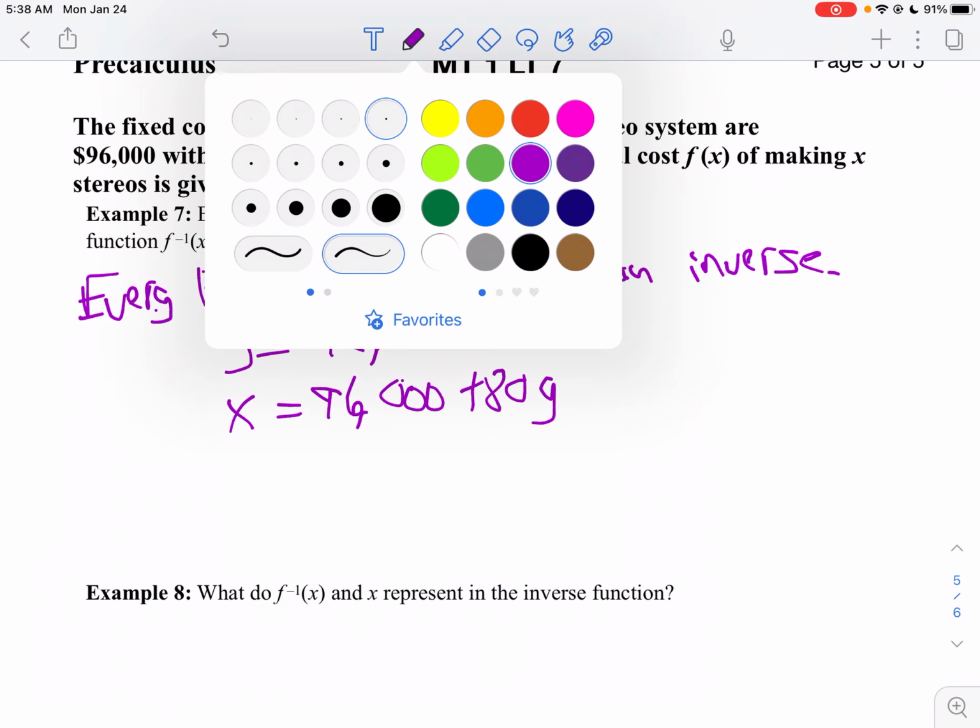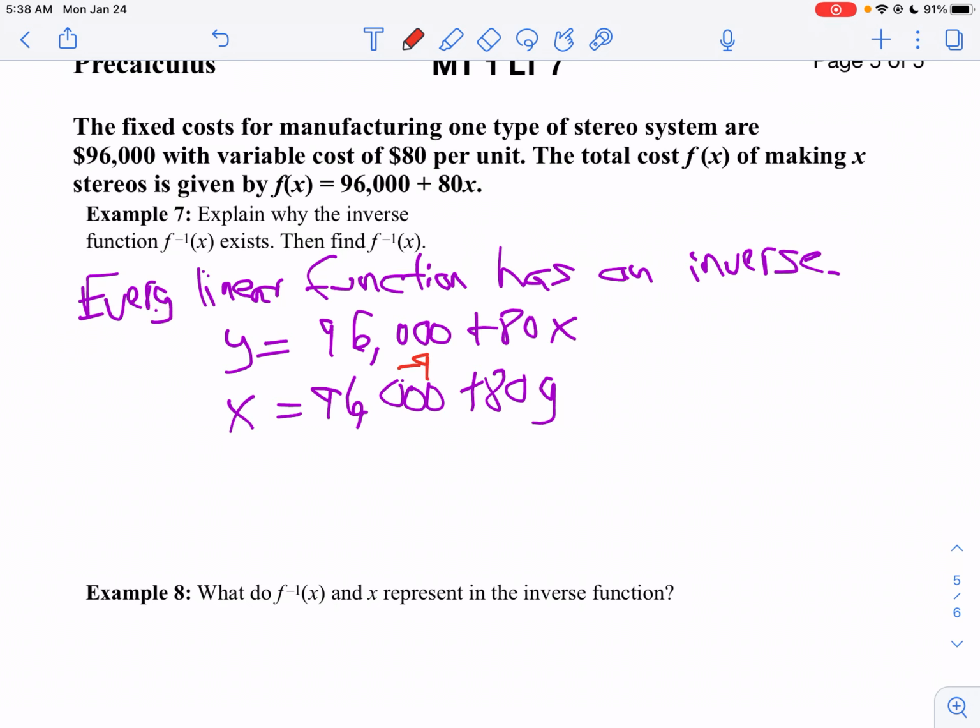So I'm going to subtract 96,000 from both sides. So then we get x minus 96,000 equals 80y. I'll divide both sides by 80.